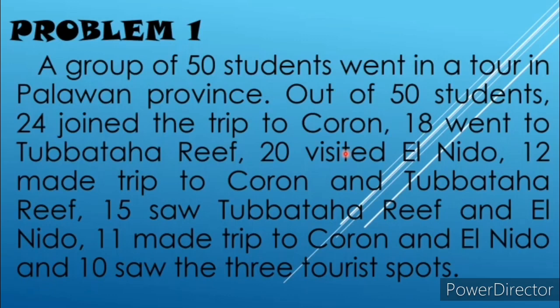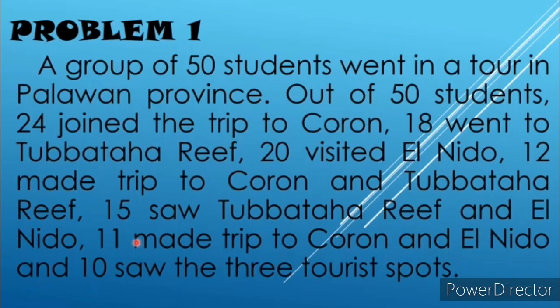Merong 20 na nag-visit ng El Nido. And 12 made trip to Coron and Tubataha Reef. 15 saw Tubataha Reef and El Nido. 11 made trip to Coron and El Nido. And 10 saw the 3 tourist spots. Ibig sabihin, merong 10 na nakapunta doon sa tatlong tourist spots.